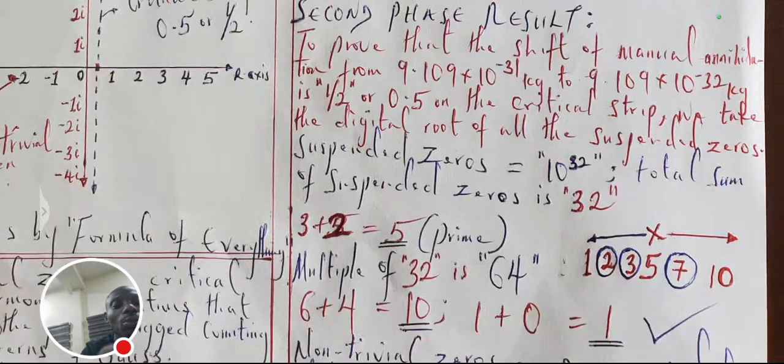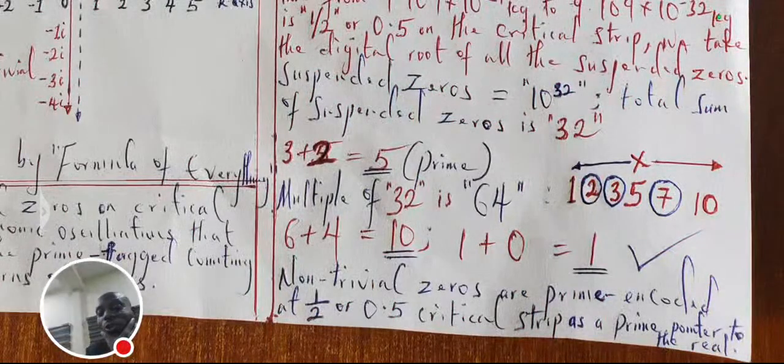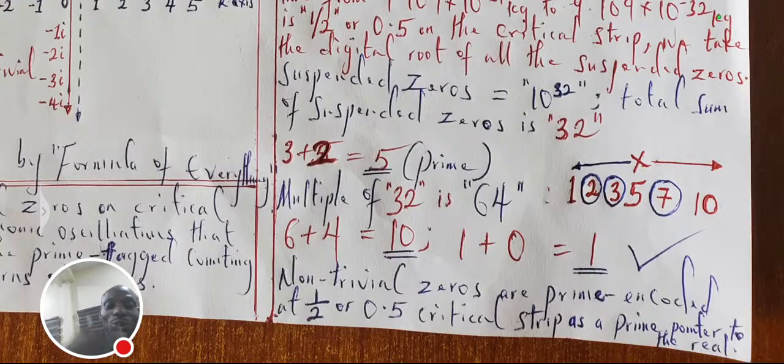So just have double of all the non-trivial zeros, and by the time you implement the harmonic oscillation of the 64 non-trivial zeros, it will match up with the pattern formation of the electron.